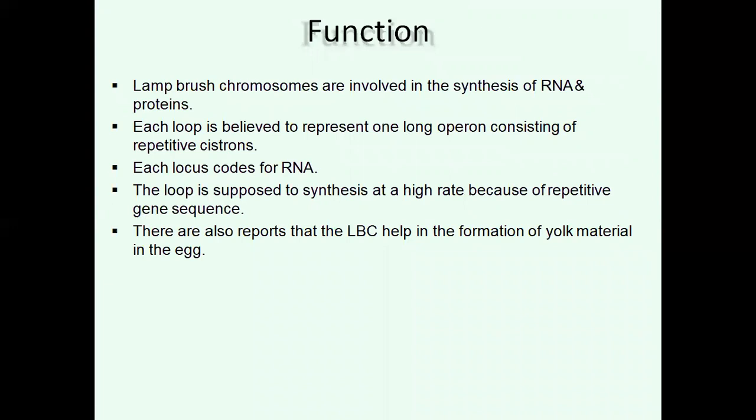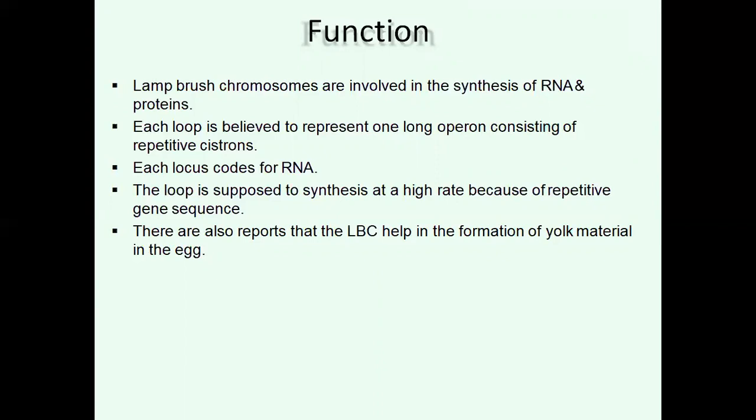What are the functions of lampbrush chromosomes? Lampbrush chromosomes are involved in the synthesis of RNA and protein molecules. Each loop is believed to represent one long operon consisting of repetitive cistrons.